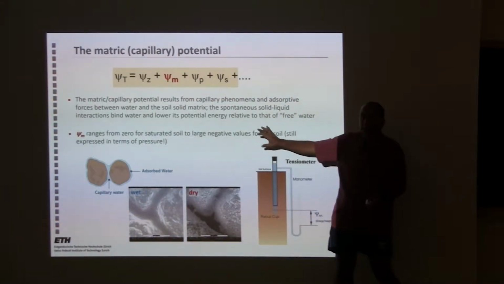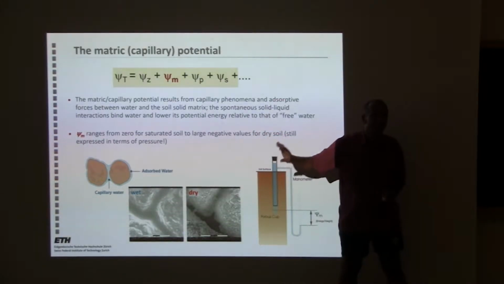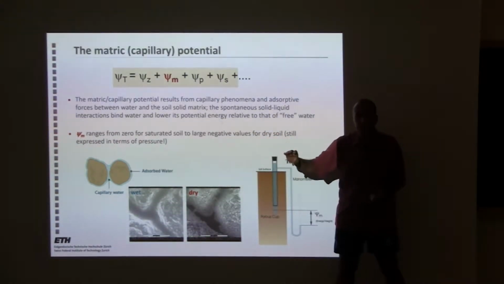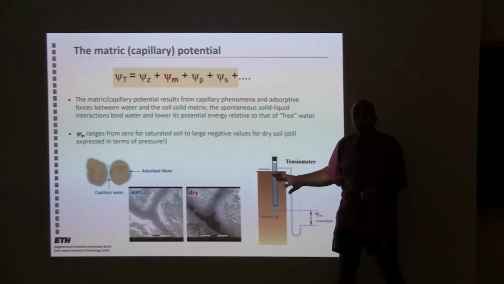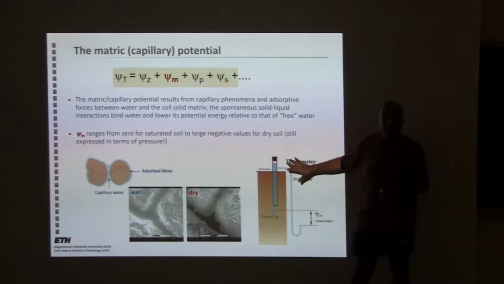It results from interactions that are of capillary nature, and I'll explain what that is, but also of adsorption of liquid on surfaces. Unfortunately, we cannot yet distinguish clearly between these two contributions to the matric potential.